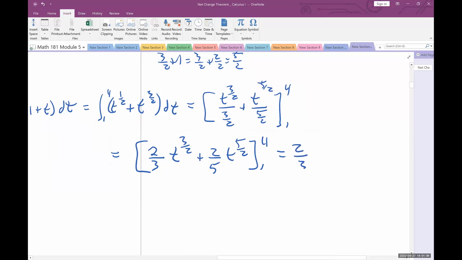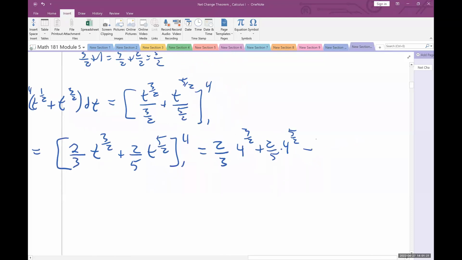That's 2/3 times 4 to the 3/2 plus 2/5 times 4 to the 5/2, minus, in parentheses, 2/3 times 1 to the 3/2 plus 2/5 times 1 to the 5/2.